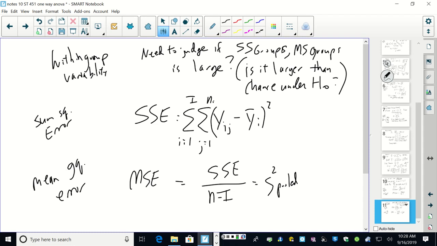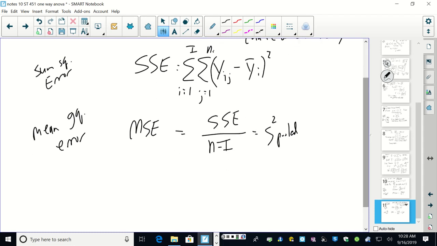So ultimately we're going to compare this mean square error to the mean square for groups. Our F statistic is going to be the mean square for groups over the mean square for error, and this is our test statistic.